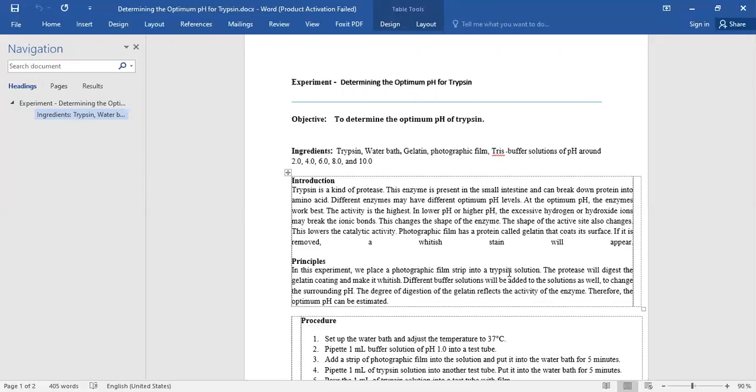It will give a color, the color will be monitored, and the pH at which the color is monitored is noted as the optimum pH for the enzymatic activity.